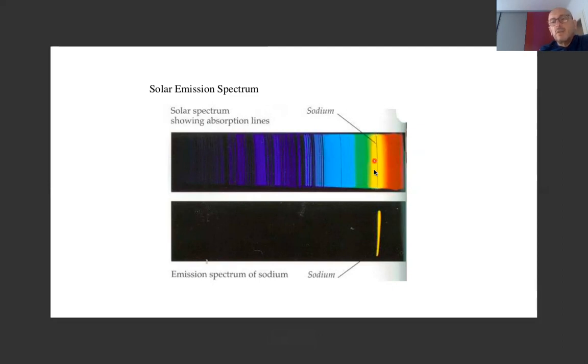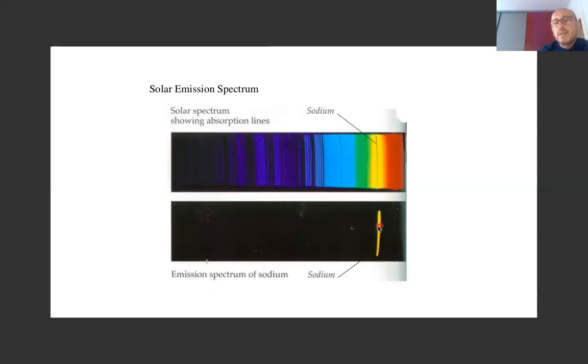And if we look at sodium, we find out that the position of the sodium is exactly the line that is missing there. So this means there's sodium in the atmosphere of the sun, which is actually absorbing light that doesn't come here and absorbs exactly here.